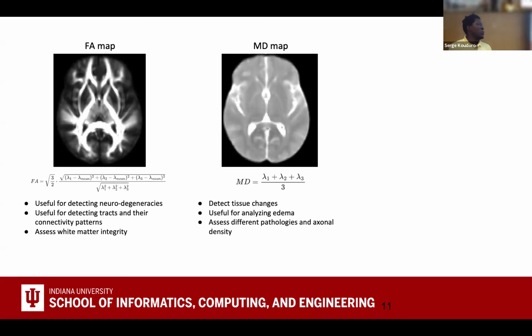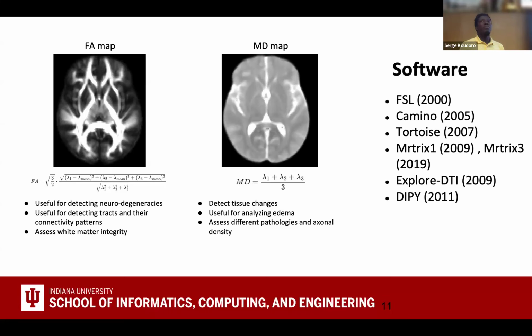And those maps are very useful for detecting neurodegeneration, for example with the FA map, and for detecting tracks and connectivity patterns, compared to the mean diffusivity that you see on the right here, which gives you an idea of the tissue change.